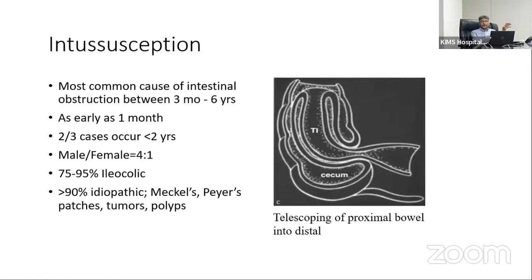A significant portion of patients are less than 2 years of age, and the male to female ratio is statistical, but not of much importance. Most commonly we see ileocolic intussusception, and 90% of the cases are idiopathic, mainly because of hypertrophied Peyer's patches, which happens in some infective process or during the weaning process.